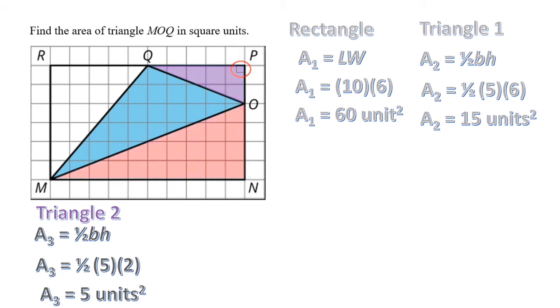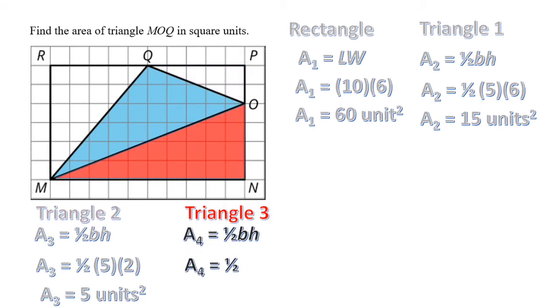And then this big right triangle at the bottom uses the same formula, and its base and the height would be determined also by the perpendicular parts. And it looks to be 4 on the one side, NO is 4 units long, and MN is of course 10 units long, so half of 10 times 4 is 20 units squared. So now I'm ready to put it all together.